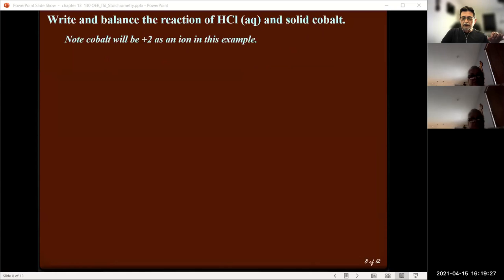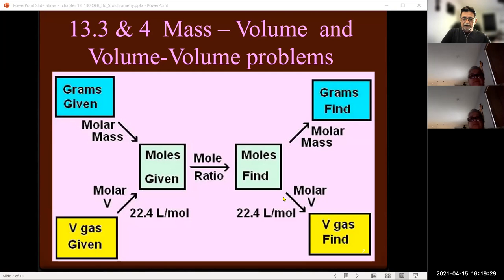Watch out. All right. So let me continue with chapter 13. And we ended up on, I believe, slide 7 or 8. And I'm just going to back it up a little bit to tell you that this particular flow chart is very crucial with respect to this particular chapter and any type of calculations that we will be doing.